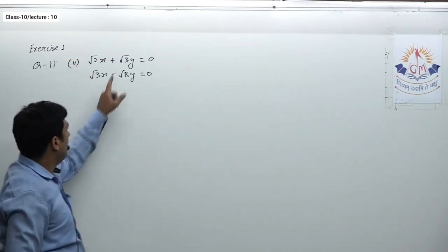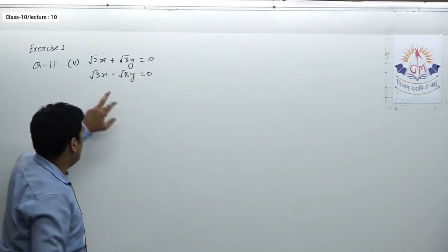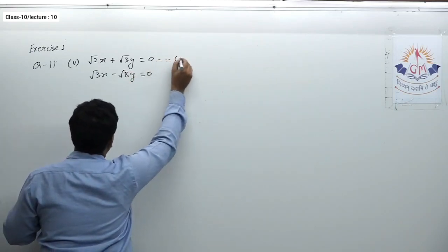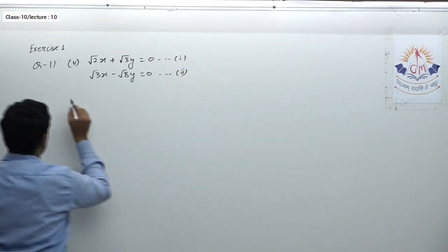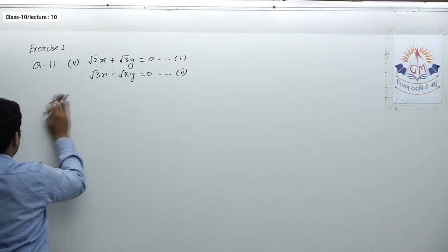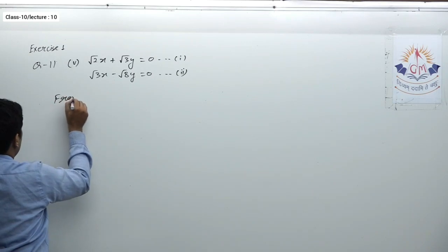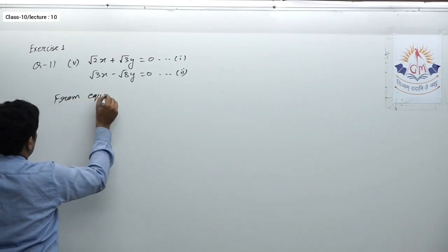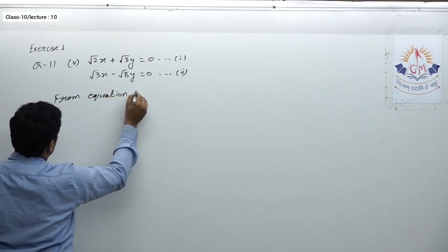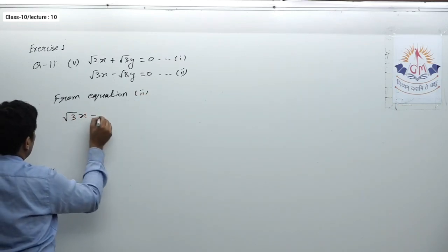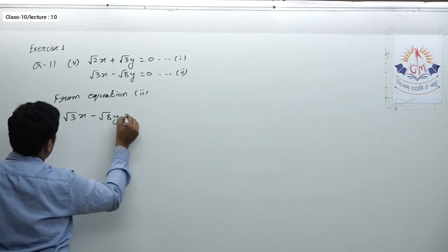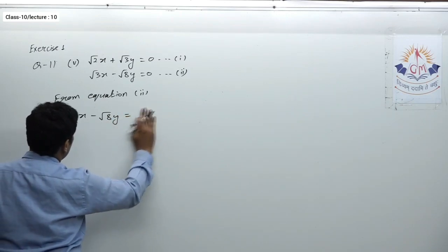So again we'll try to get the value of any one variable. This time I am taking equation number 2. So from equation 2, root 3x minus root 8y is equal to 0.